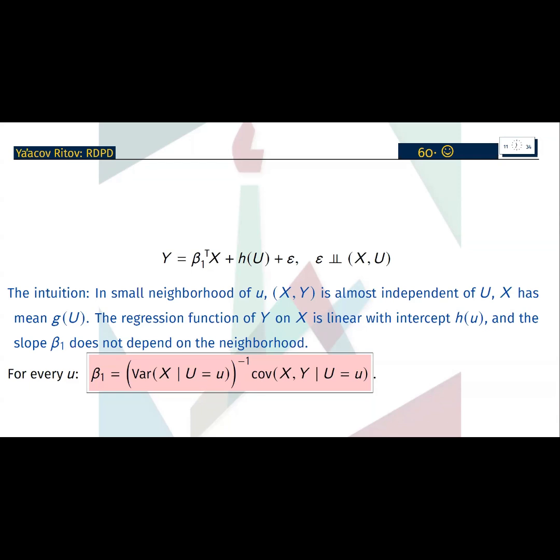I'm looking at the conditional distribution with a mean which depends on u, g of u. And the regression of y on x is linear with intercept h of u, which I don't care about, but the slope is beta 1. So in each small neighborhood of u, I have a simple linear model, and beta 1, the slope, is common to all of them.